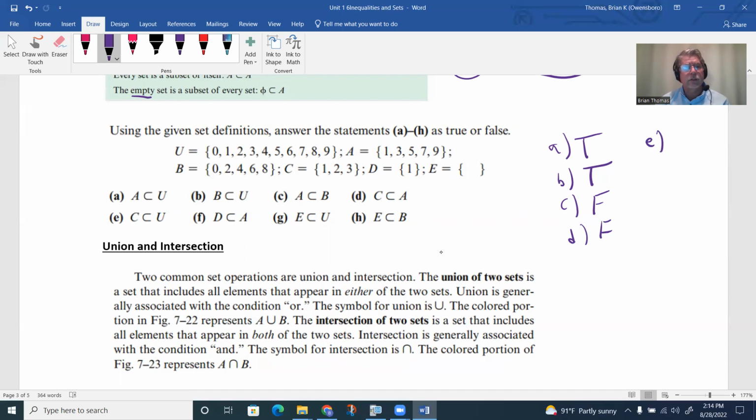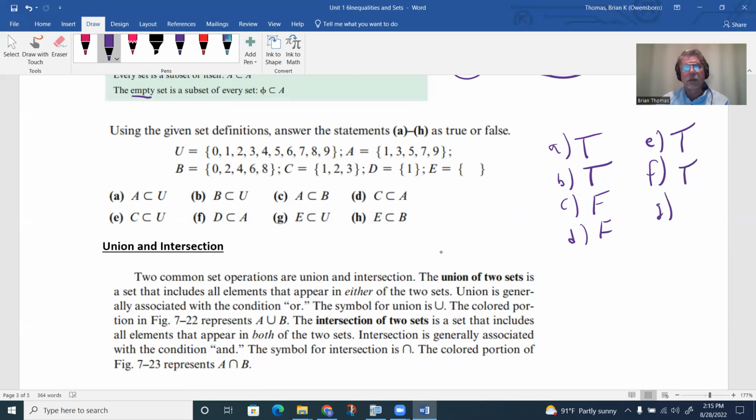So E says, is C a subset of U? Well, C's got 1, 2, 3. U's got 1, 2, 3 in it as well, so that would also be true. F says D is a subset of A. Well, D has 1 in it and A has 1 in it, so that would be true.